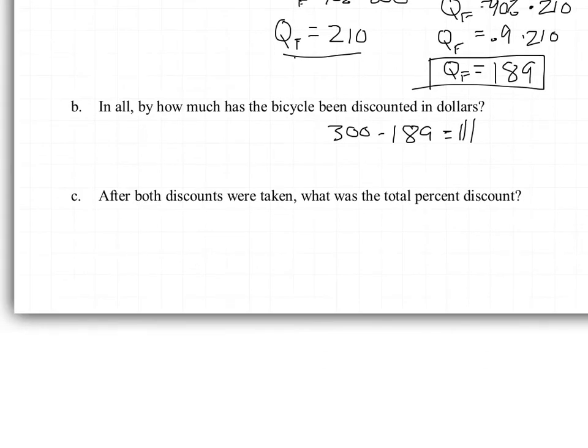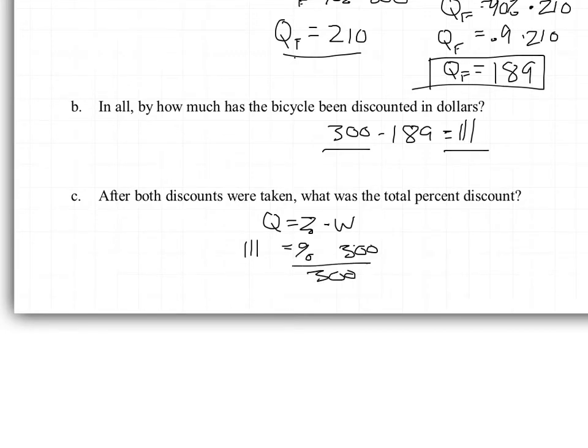All right, after both discounts were taken, what was the total percent discount? So this is where we want to go back and look at what is 111 as a percent of the original price, 300. So quantity equals percent of whole. Our whole would be the $300. The quantity that we're finding a percent of is 111.